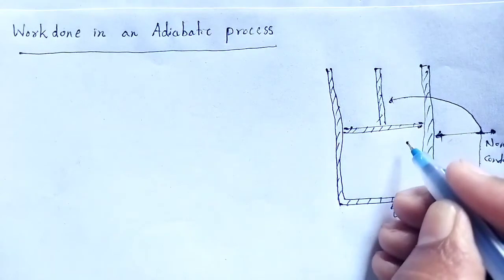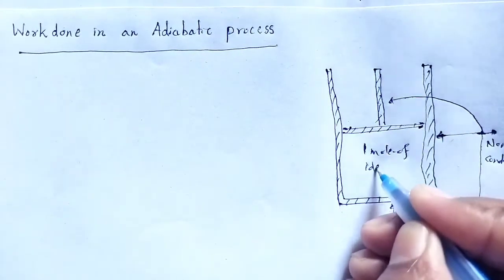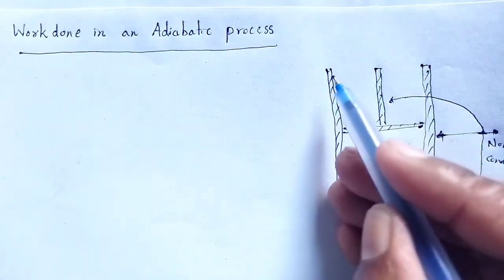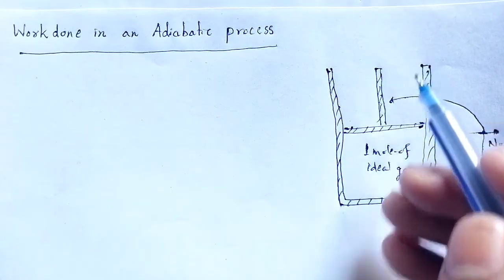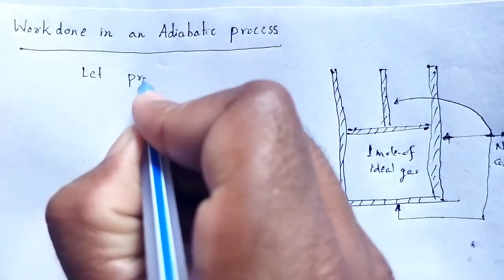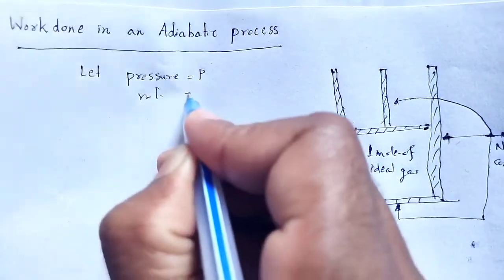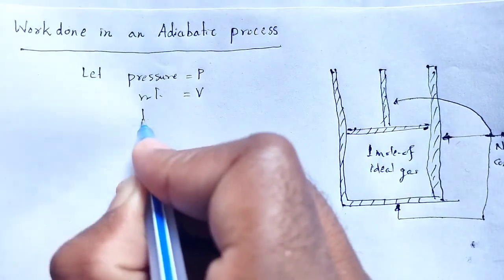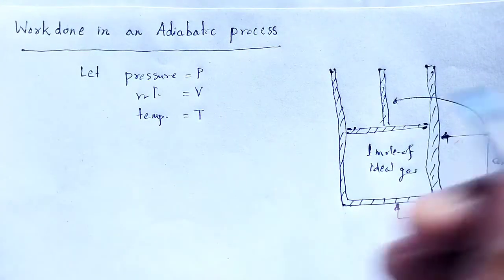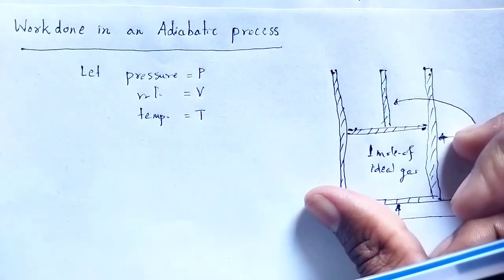Here we consider 1 mole of ideal gas. All the parameters are the same as in that case, means let us take pressure P, volume V, temperature T, and let the piston move upward and the gas expand.